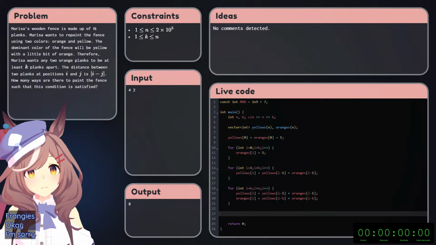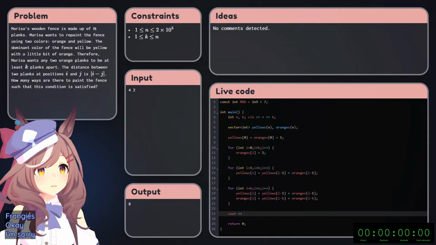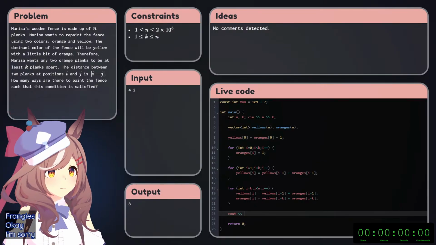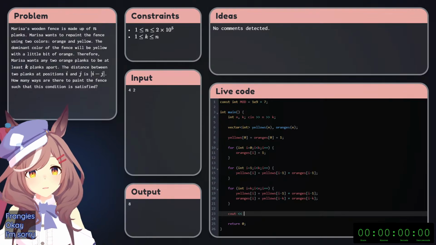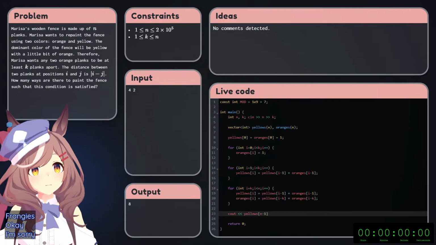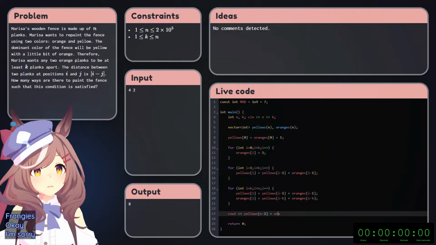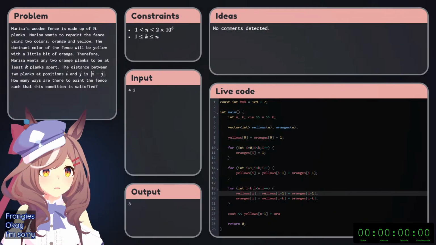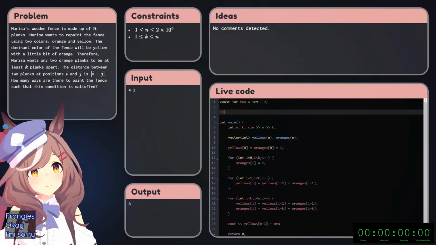And finally we count the total number of ways to have yellow, yellow at the last index n minus 1 plus orange. Okay, let's get our partition function.